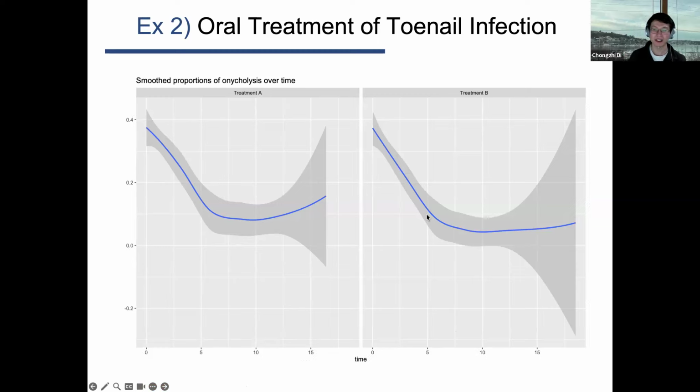So on the right-hand side, it seems like you have a stronger effect, and towards the end the left tends to go up a little bit. But on the right-hand side, treatment B, you generally see lower scores and they tend to stay more constant towards the end. So there appears to be a stronger effect for treatment B, but let's use statistical models to confirm.